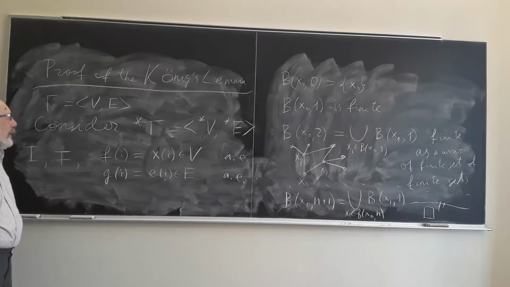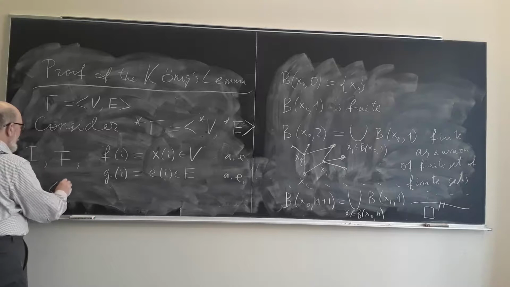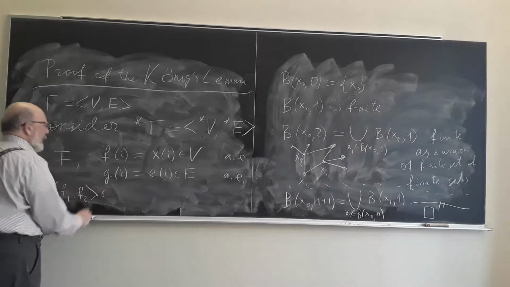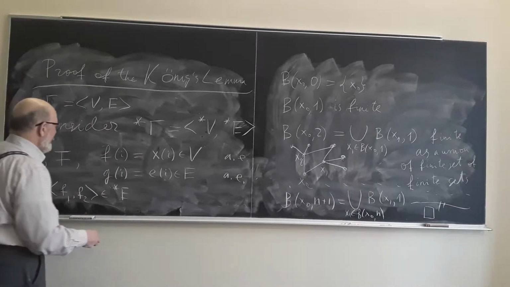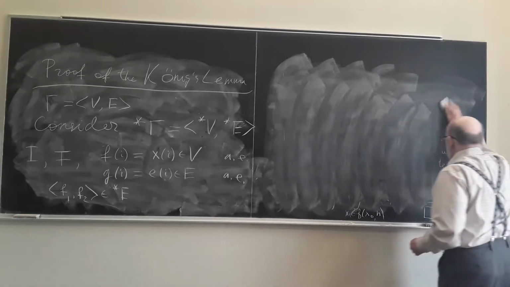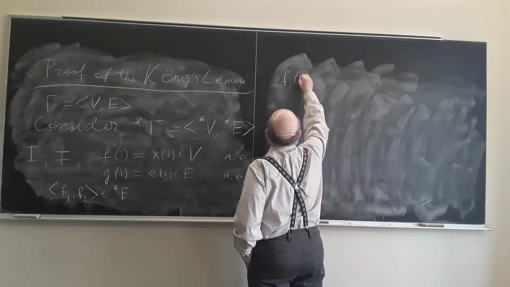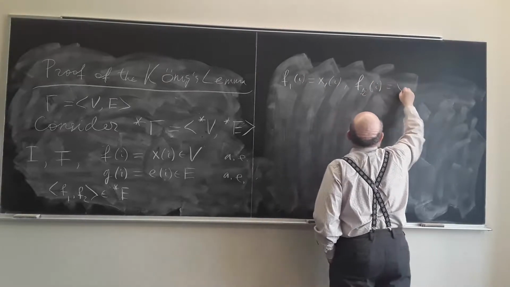Yes? And I say that f1, f2 belong to star E, where f1 of i equals x1 of i and f2 of i equals x2 of i.